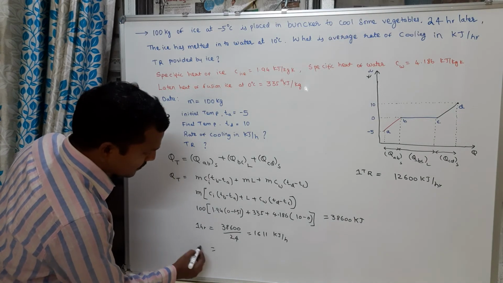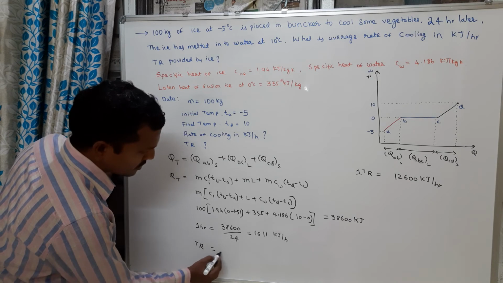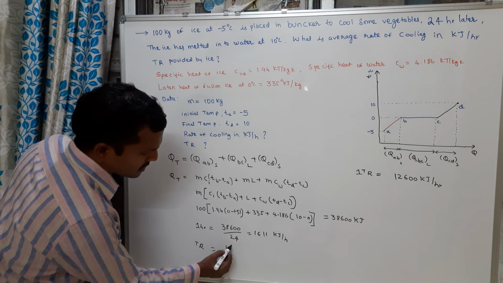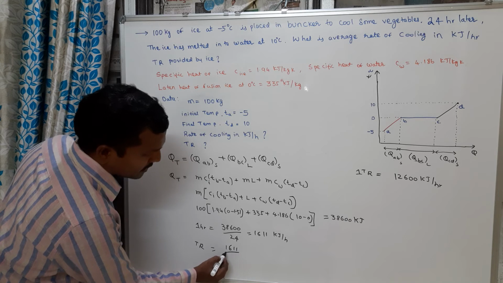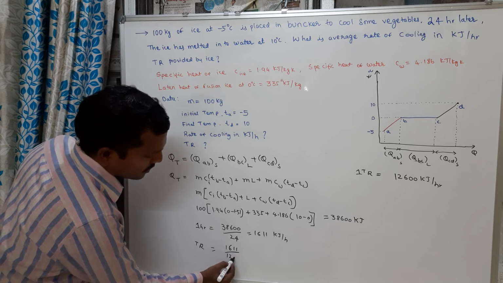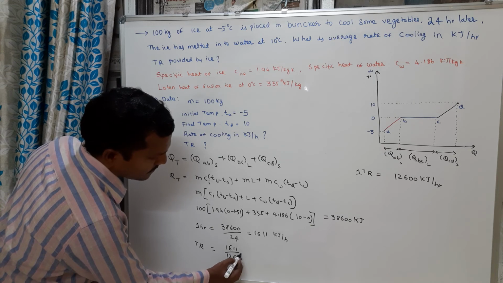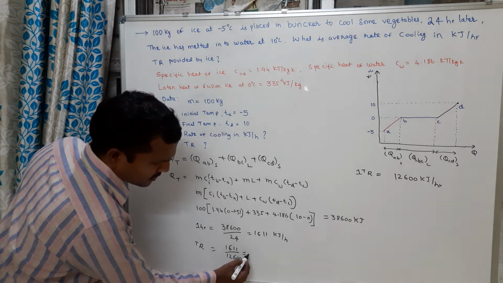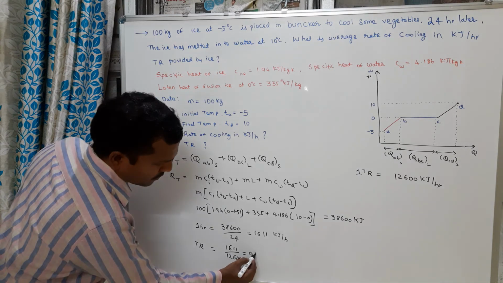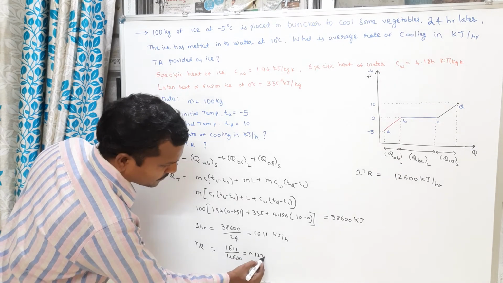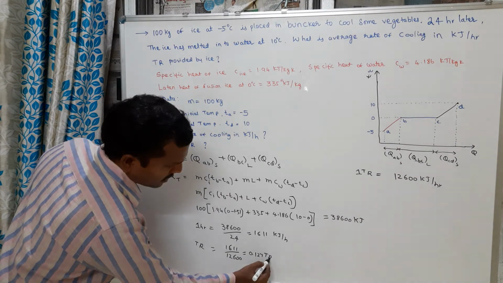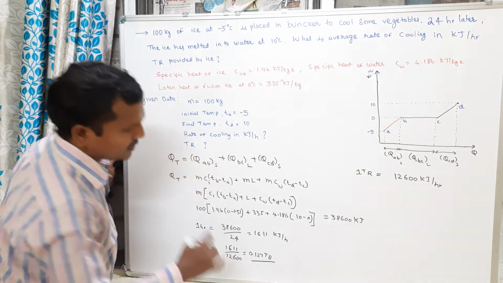So the capacity of this plant in ton of refrigeration is 1611 divided by 12,600. That value is equal to 0.127. This is the capacity of the plant in ton of refrigeration.